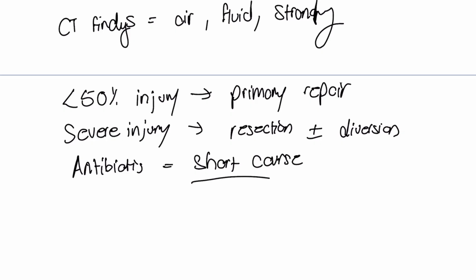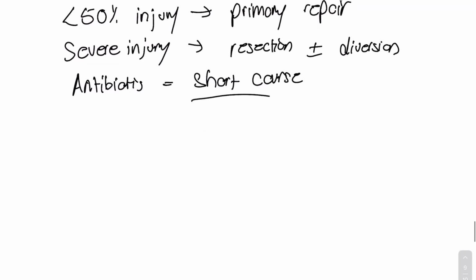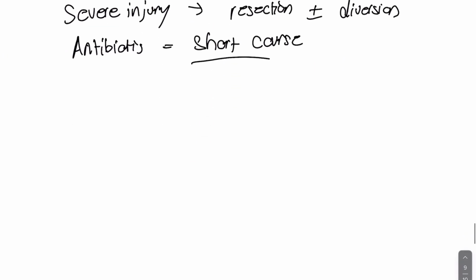Typically 24 hours or less for patients that have minimal contamination versus 4 days for patients that are grossly contaminated. And remember that difference between repair versus resect or divert. So stable or limited injury, repair; severe injury or instability, resect and divert.